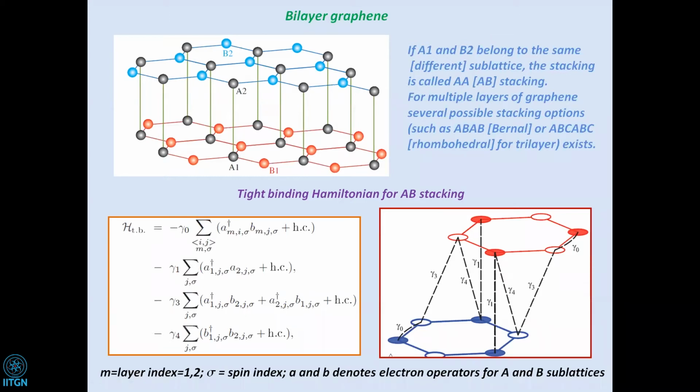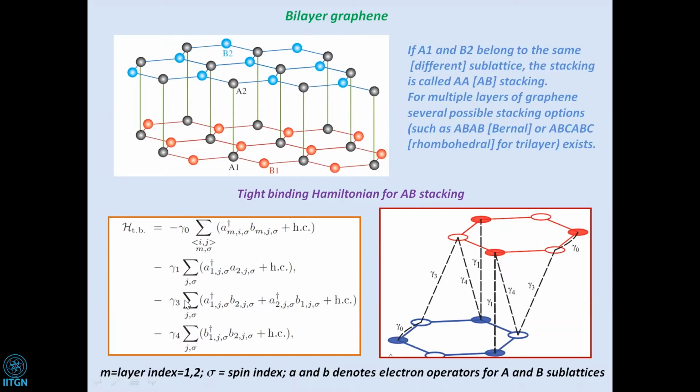But let's just look into this bilayer thing. So suppose I now want to write down a lattice Hamiltonian, a tight binding model for this bilayer, and I'm going to look into this AB stacking, which is the more common thing to find in nature. So you see that I'm going to get an in-plane hopping, which is this gamma naught, which was t in my previous discussion. But then I'm going to have a hopping from one layer to another, which is directly on top of it. Okay, so between two points which are directly on top of each other.